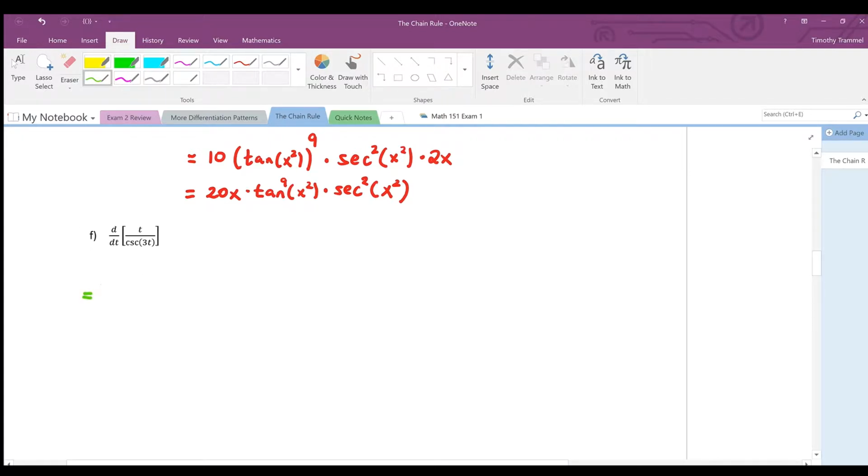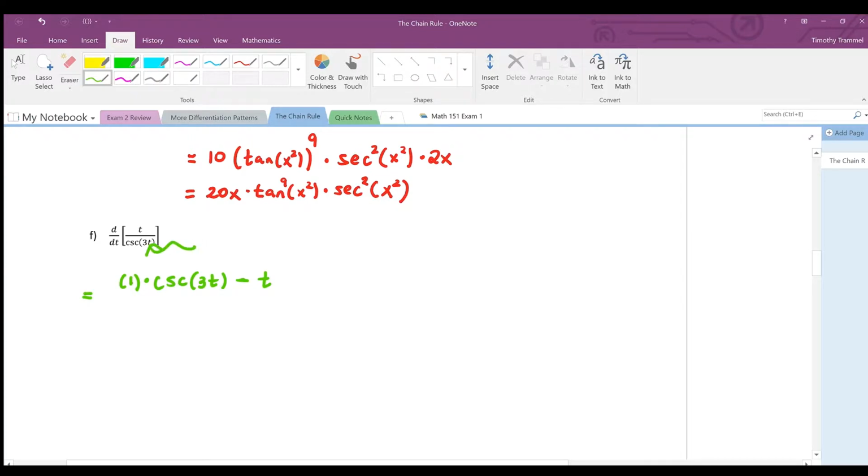Using the quotient rule, we first take the derivative of the top, which is just 1, times the bottom function, and that's actually cosecant, not cosine. So cosecant of 3t, minus the top function, which is t, times the derivative of the bottom function here.